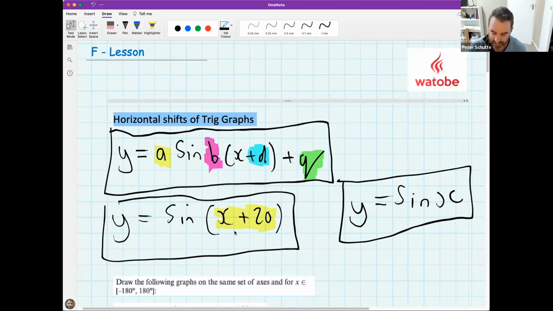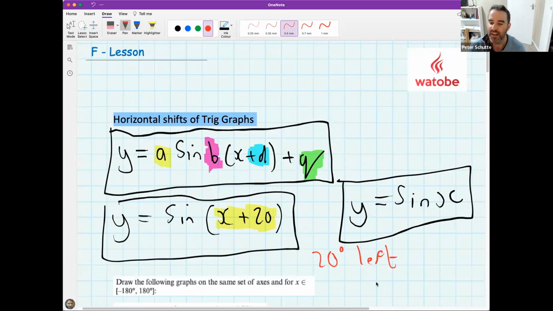Actually, what's funny is that if you put x plus 20 into this graph, even though it seems like it should go to the right, this actually shifts the graph 20 degrees to the left. So when we deal with a horizontal shift, I want you to be aware that it always moves the opposite way to what you expect.